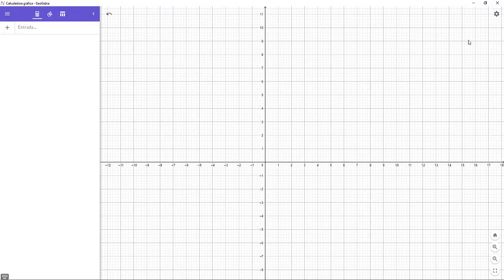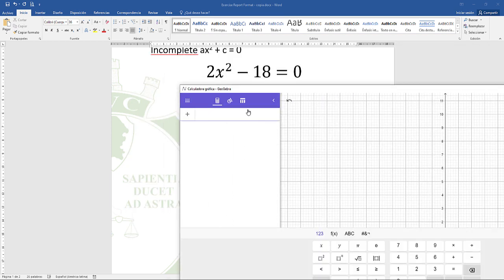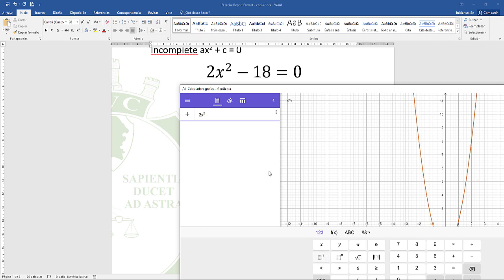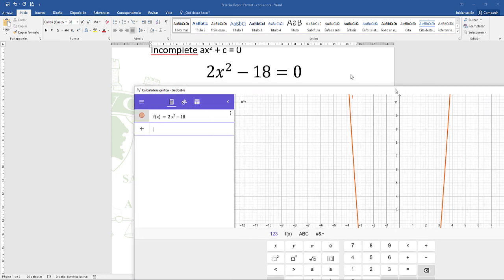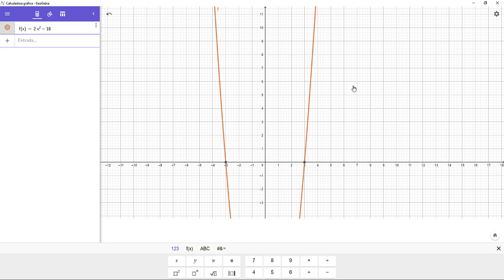Now I will create a chart of that. For example, here is 2x squared minus 18. You check here, this is the solution, minus 3 and 3.